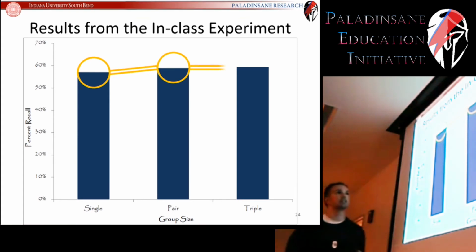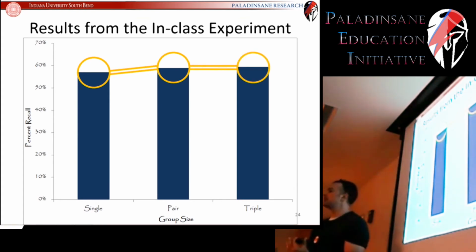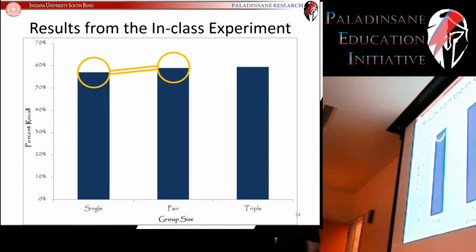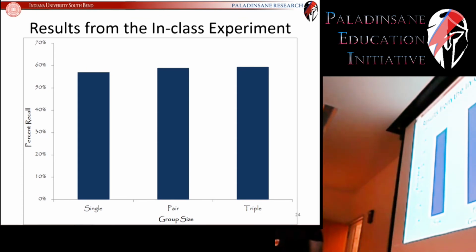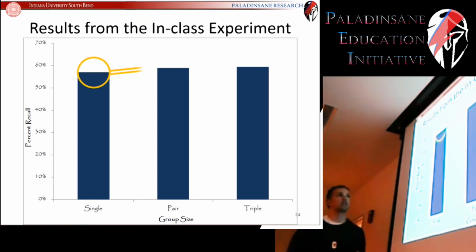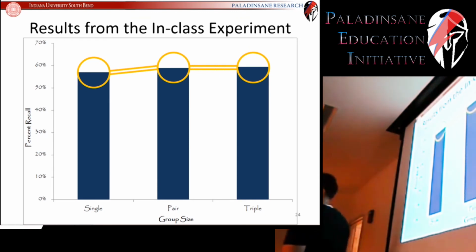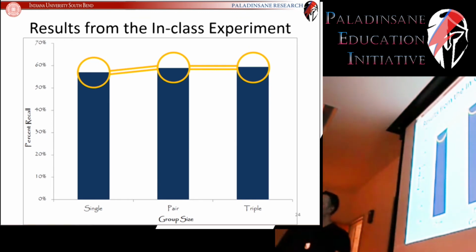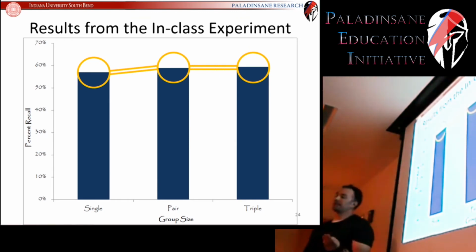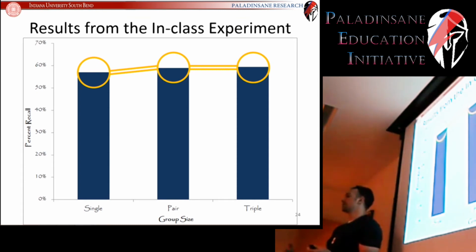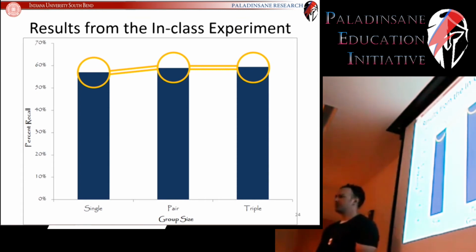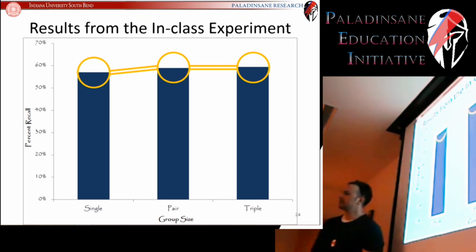So inferential statistics told us that these small little differences, a small difference between singles and pairs and a small difference between pairs and triples, are due to chance. Those 3 groups are actually all exactly the same, which seems a little weird because you would expect maybe pairs and groups of 3 to recall more than singles did.